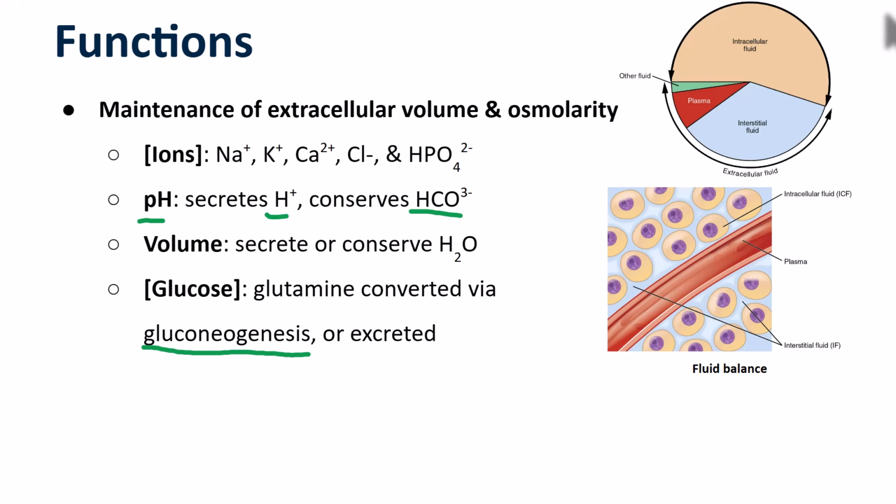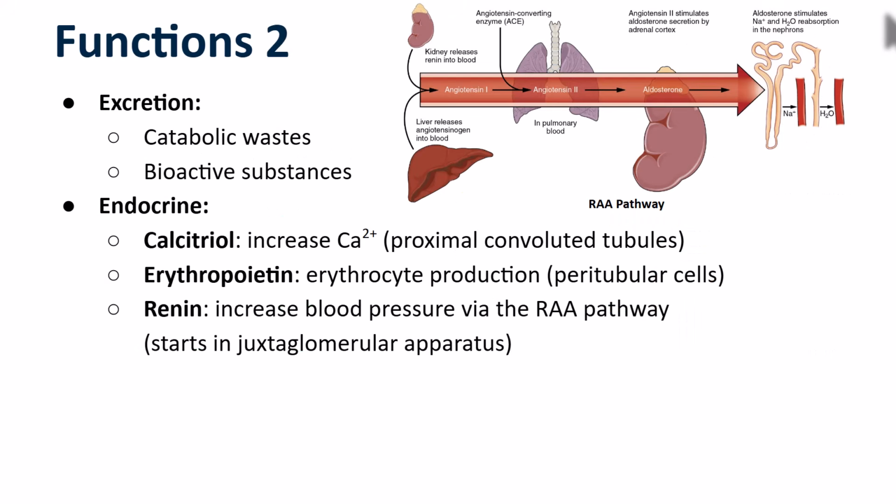But this is something that can occur within the kidneys as well, oftentimes from glutamine or lactate or other precursor molecules. Glucose can also be secreted by the kidneys if it is in overabundance, but typical renal clearance of glucose is 0. So if glucose is being excreted, there is typically some dysregulation or some issue of glucose within the body.